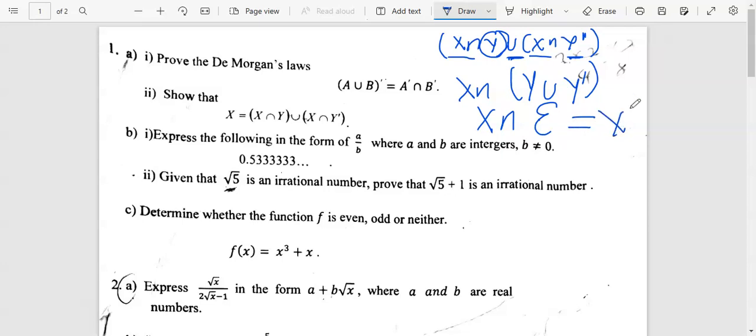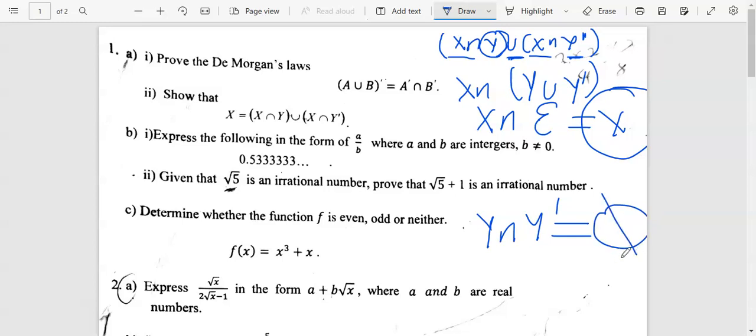So this is going to give us X, hence shown. Are we okay? So Y intersection Y complement would be an empty set, like they don't intersect. You get that? All right.